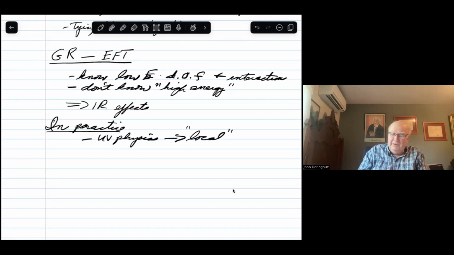So it looks like some term in a local action, a local Lagrangian. The IR physics, things can propagate long distances because they're massless fields. They are excited by the interactions. This can be non-local.